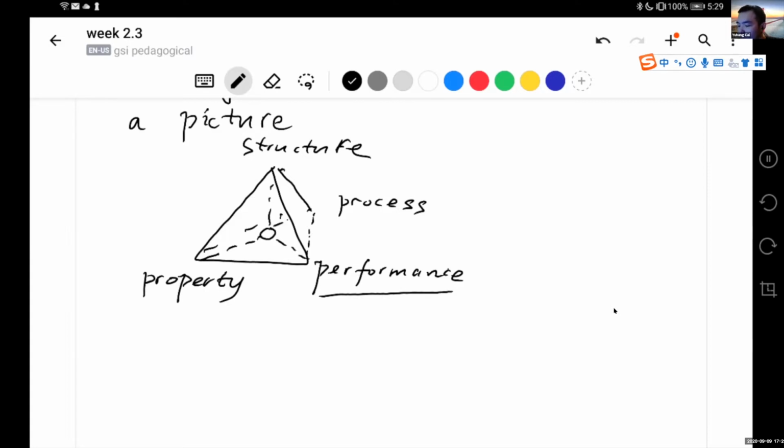So the 5 elements are connected with each other. And maybe I don't understand your question quite well. Can you repeat it again? So your question is why I first draw the tetrahedron.